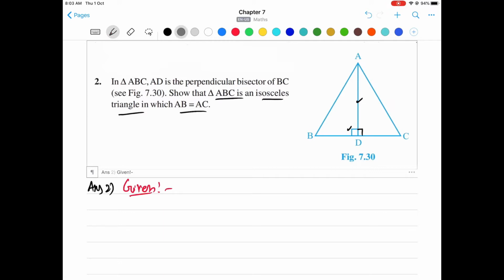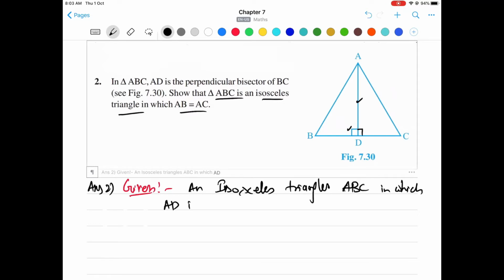Given here is an isosceles triangle ABC in which AD is the perpendicular bisector of BC.